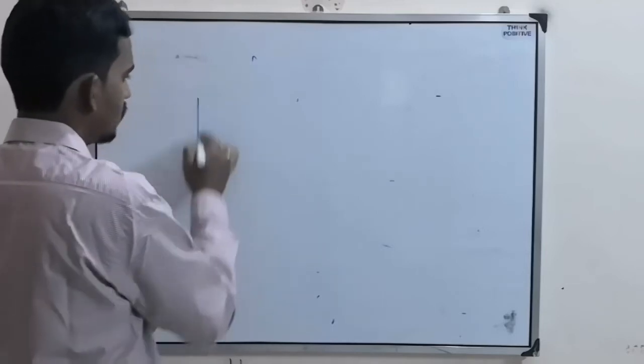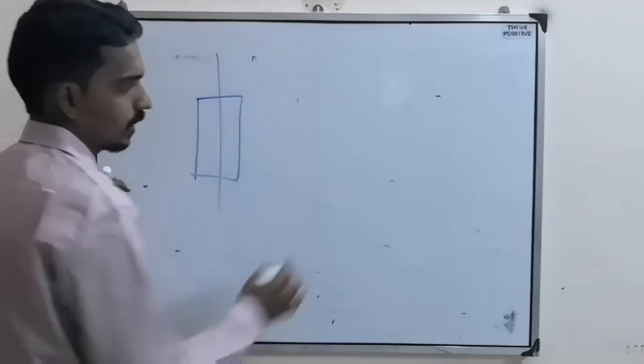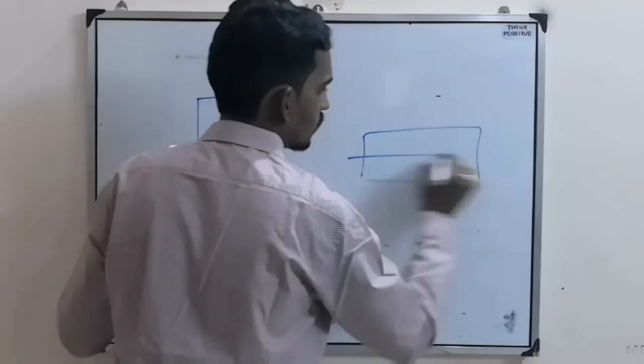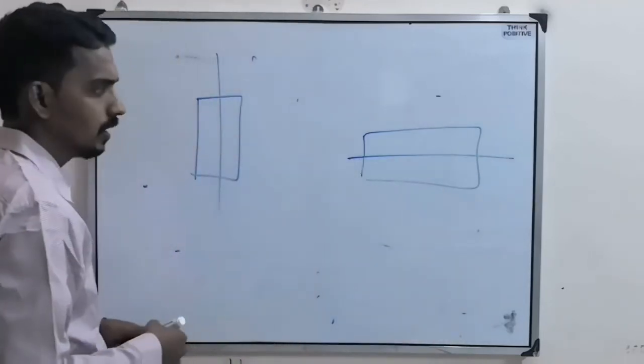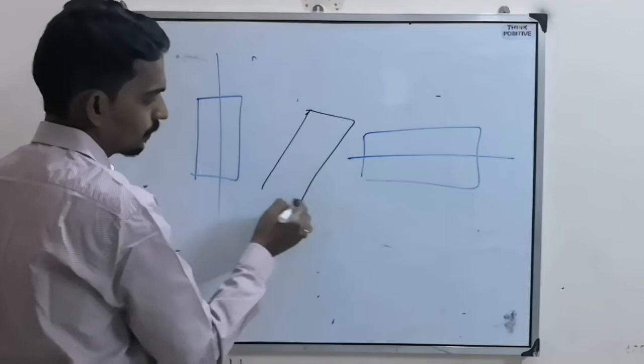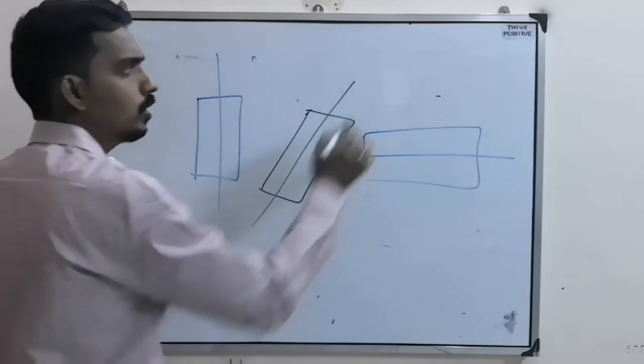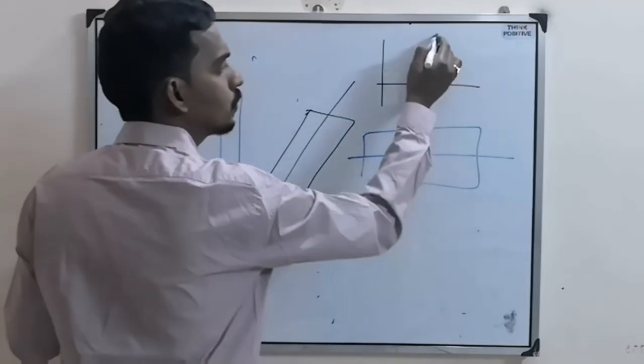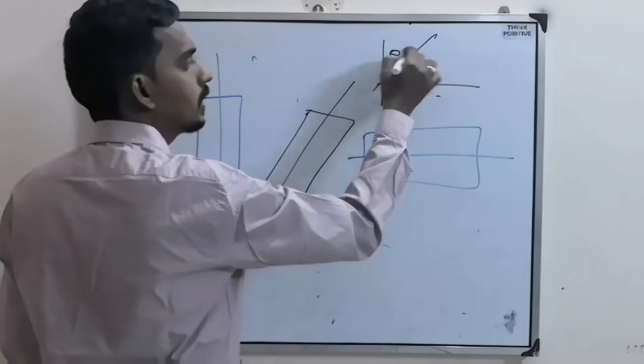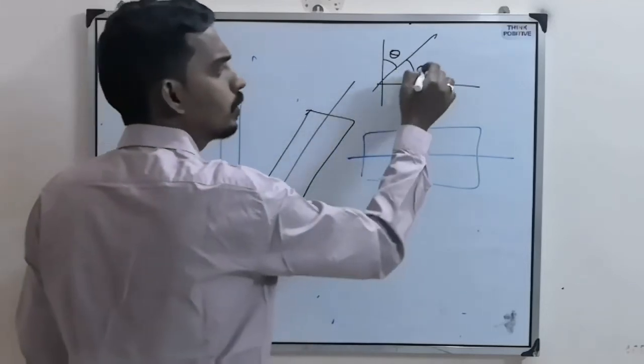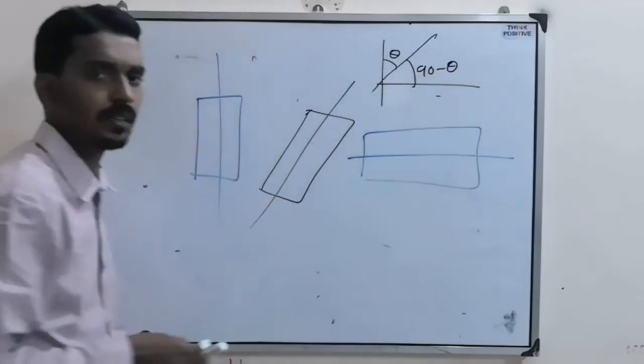See here, this is one polarizer, with its axis like this. This is another polarizer, with its axis like this. Now I kept one more polarizer like this. So one is like this, one is like this, one is like this. Let's take this angle as theta. Then what will this angle become? 90 minus theta.